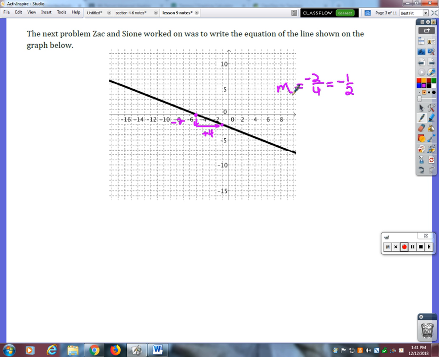What's the y-intercept? What's the starting number? What's the y-intercept? What is y equal when x is 0? Or can you look on the graph? You got it in front of you too. I'm asking, where does the line cross the y-axis?